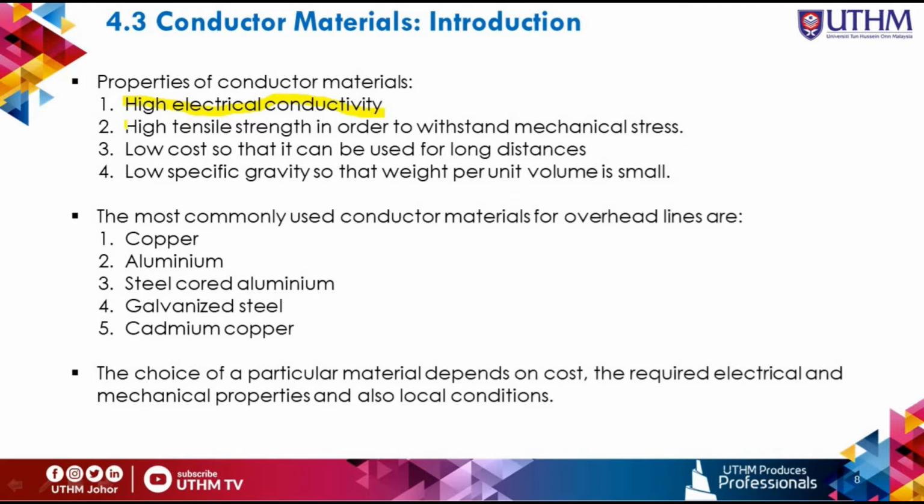Second is high tensile strength in order to withstand the mechanical stress. Third, low cost so that it can be used for long distances. And the fourth is low specific gravity so that the weight per unit volume is small. These are 4 properties of conductor materials that need to be considered.